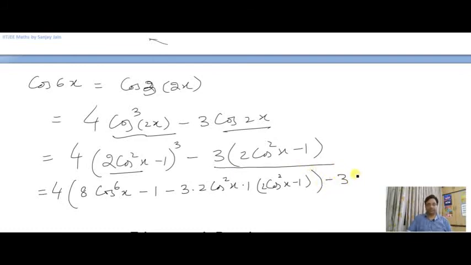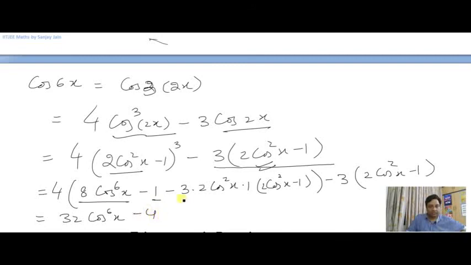Or you could have taken this term as common, then it would have been a little simpler, but anyhow, let us see if I can still solve it. This term will give me 32 cos raised to power 6x.